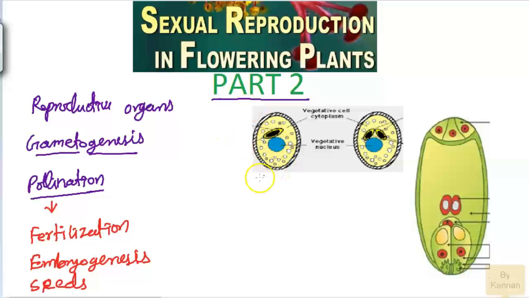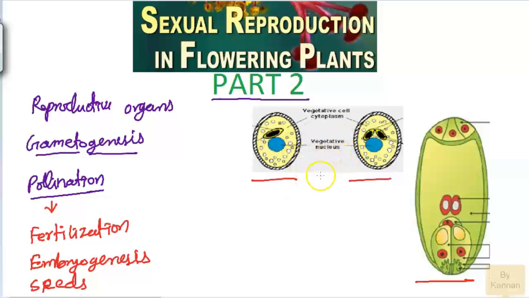So after the last part, we discussed how the gametes were produced in the male and female parts of the plants. The male part is the androecium and the female part is the gynoecium. In the androecium, in the anthers, the pollen grains are produced. Here you can see two different kinds of pollen grains generally seen in plants.